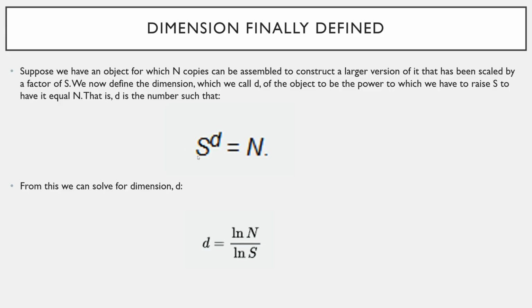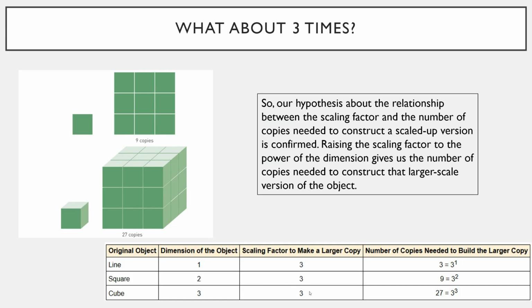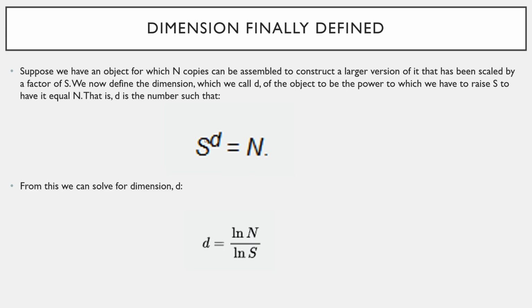If I want to take a square and scale it by 3, you take the scaling factor, raise it to the dimension, and that gets you the number of the original objects that you need, how many of those you have to replicate. So it turns out you can now solve for dimensions very easily.